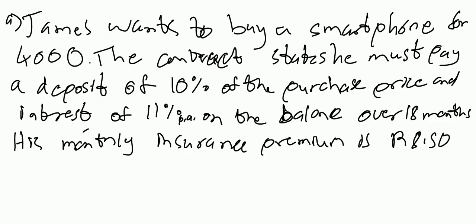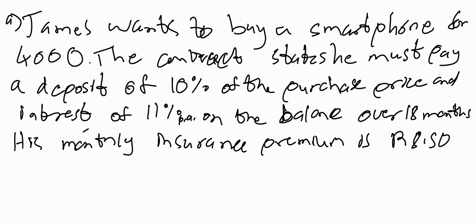Okay, so 10% of the purchase price, which is 10% of 4,000, interest of 11% per annum, which is per year, on the balance over 18 months. That means after paying 10% of that amount, the remaining amount is going to be charged 11% per annum over the period of 18 months, which is 1 year, 6 months.